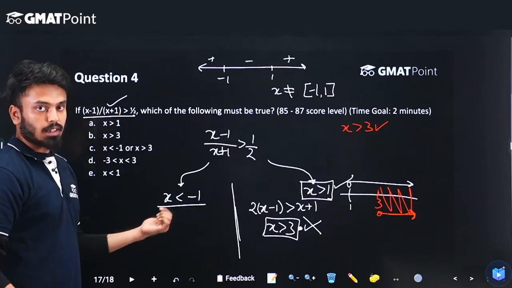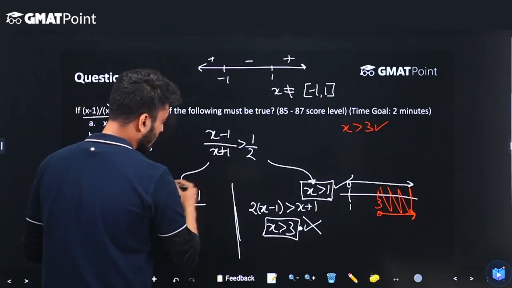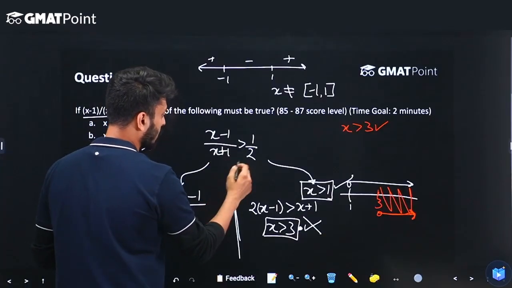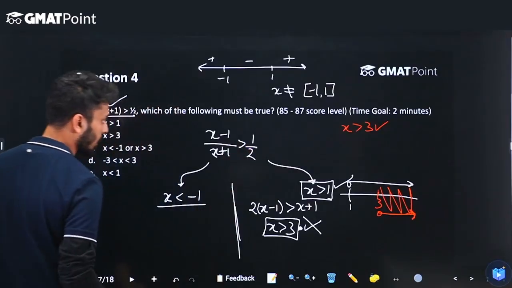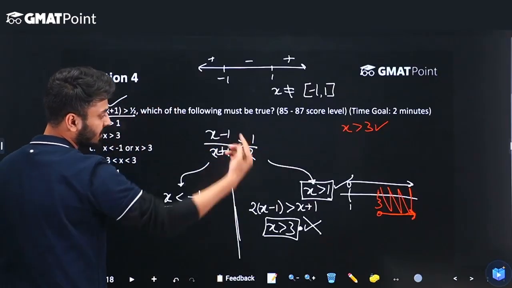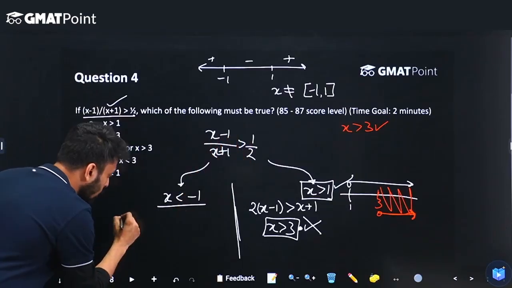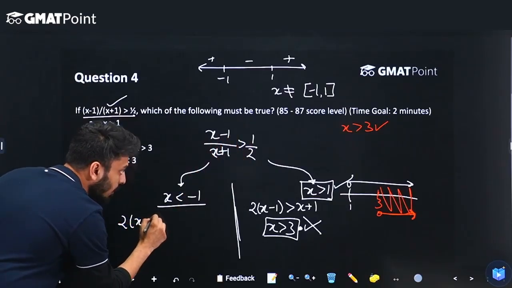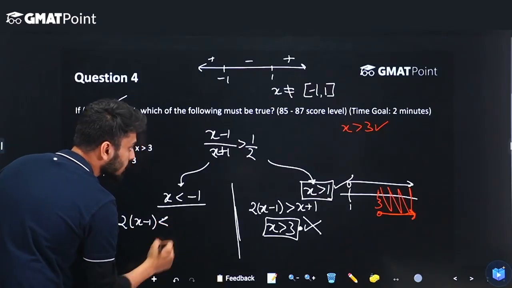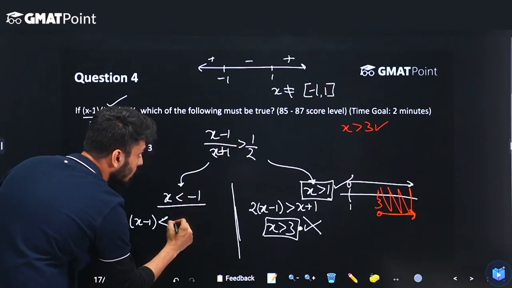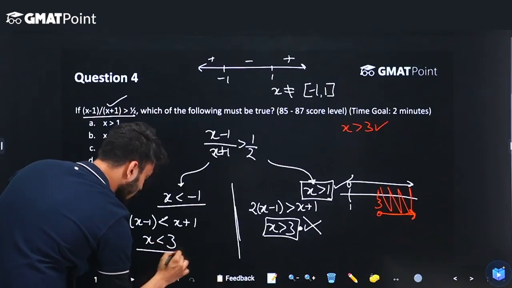Okay, so now we'll test the second inequality. At x is less than minus 1, this is a negative number. So when I multiply both sides with x plus 1, I must flip the inequality. And because when I'm multiplying with 2, it's still a positive number, I don't need to worry about that. So it only flips once. So I have 2 times x minus 1 is less than x plus 1, which gives me x is less than 3.